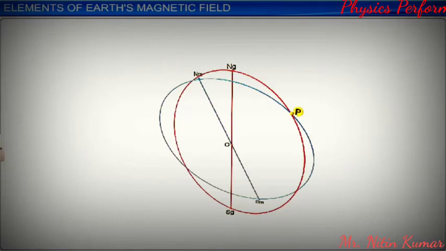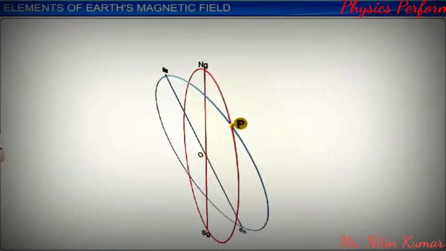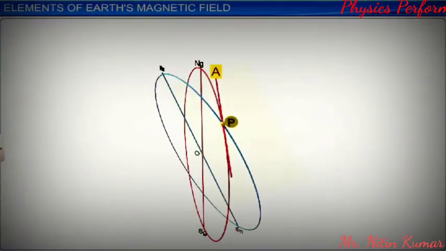This is the magnetic meridian circle. Draw a plane which is tangential to the sphere at point P. Draw a tangent PA to the geographic meridian circle at point P. PA lies on the tangent plane and represents the geographic north-south direction. Draw a tangent PB to the magnetic meridian circle at point P.